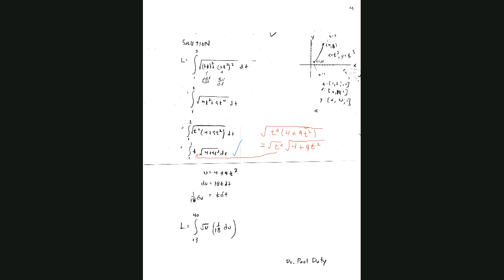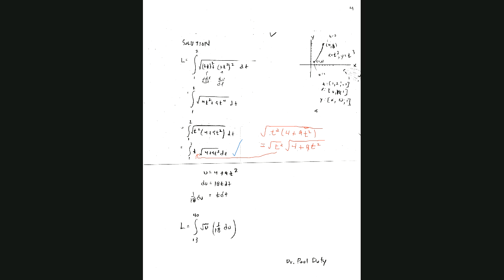All right, well, can we integrate that? So the answer, of course, is yes. How would we integrate this? Substitution is right. What substitution would we use? What are we going to let u equal to? Good, 4 plus 9t squared.